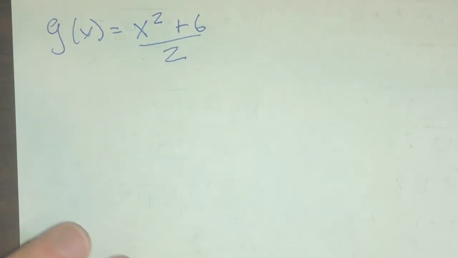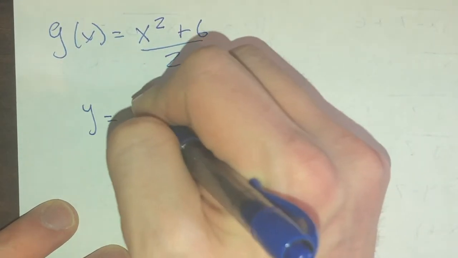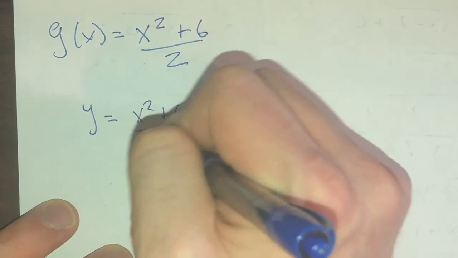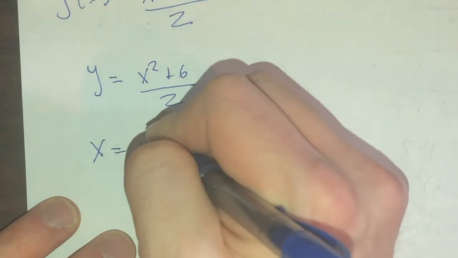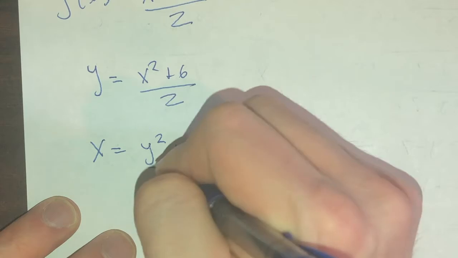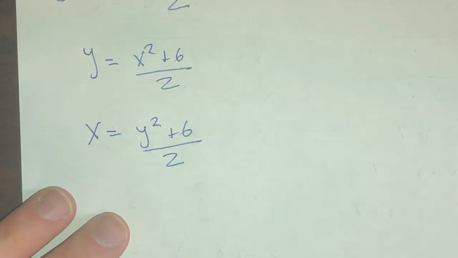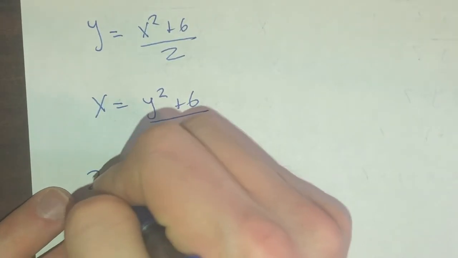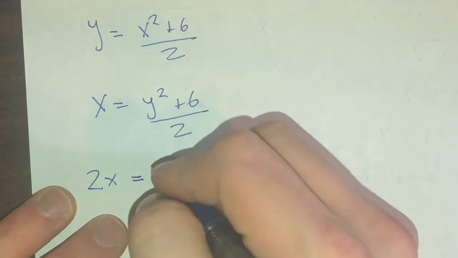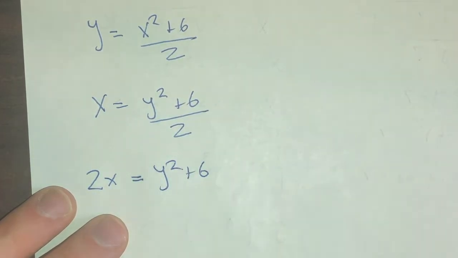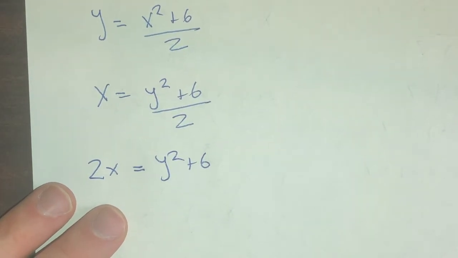All right, so remember, what's the first step? Replace with y. Second step, flip x and y. Now we isolate. So 2x equals y squared plus 6. So we multiply by 2.